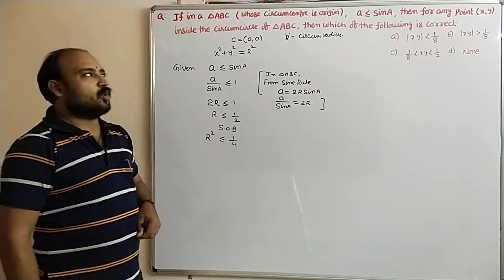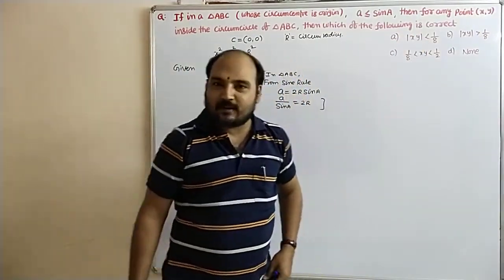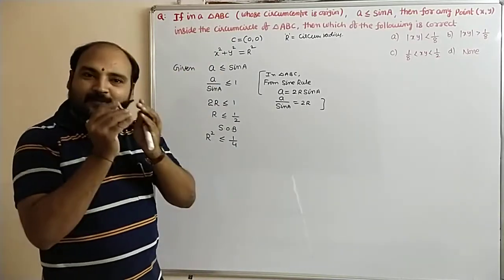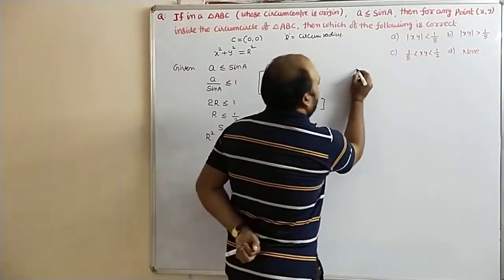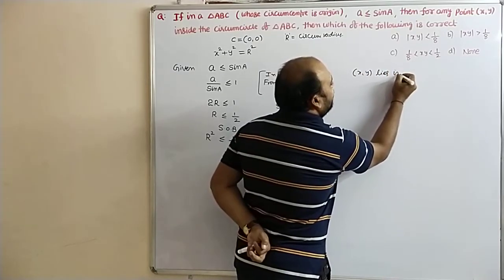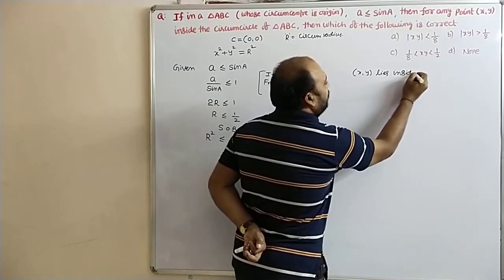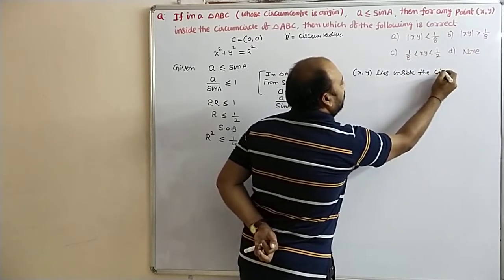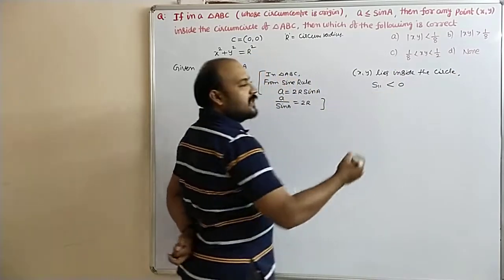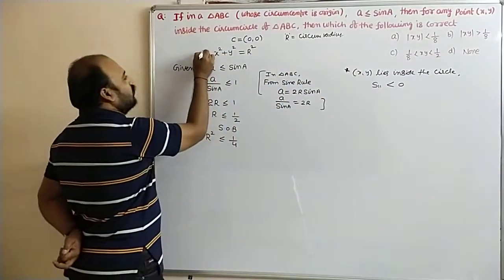After that, what we have to do? One more condition is there. For any point (x, y) inside the circumcircle, whenever the point lies inside the circle, then S11 is less than 0, the power of the point.